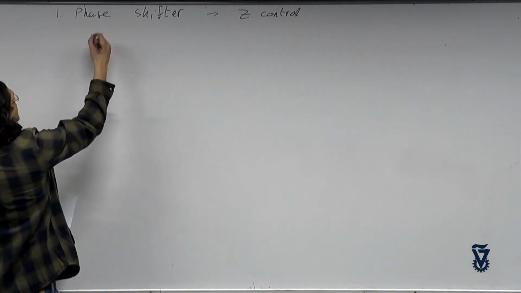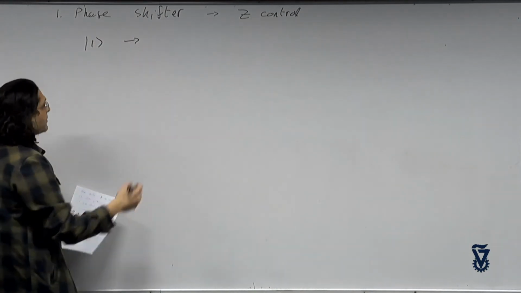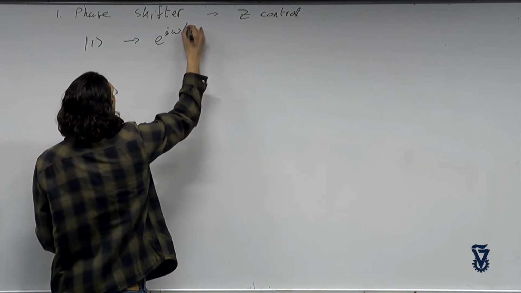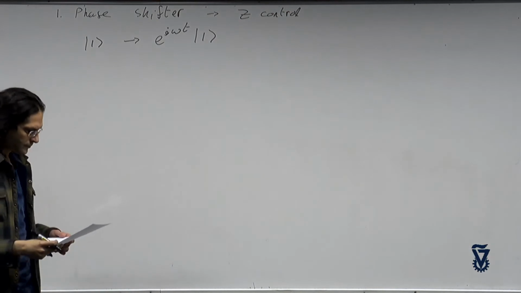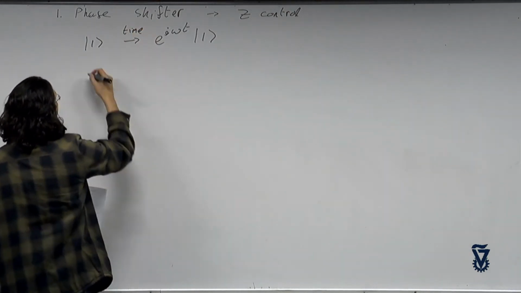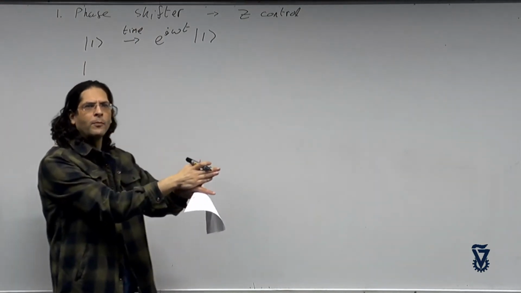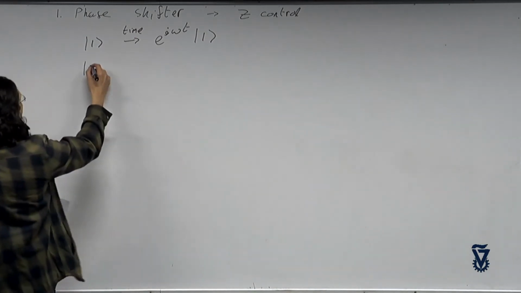As I said before, if the one state of your qubit, as time goes by, is going to accumulate e to the i omega t, and this is going to happen on all the modes the same, this is why we don't acquire the phase shift in the dual rail.